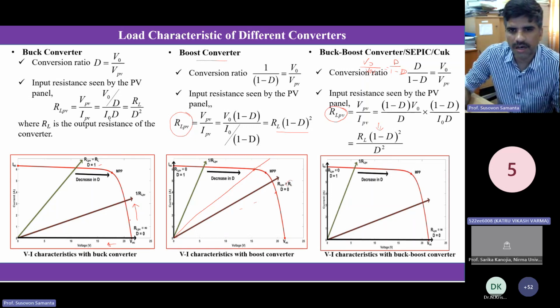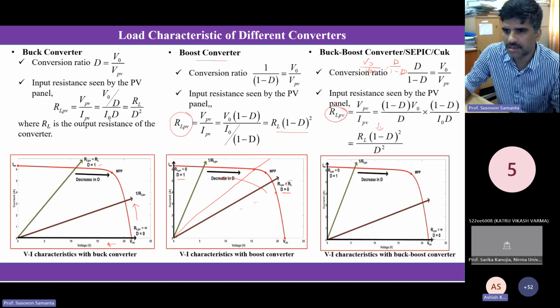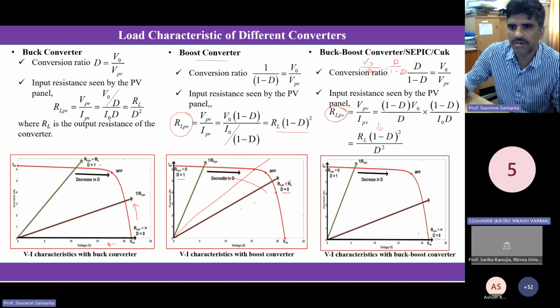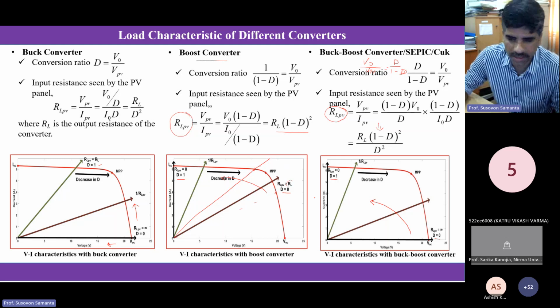Now see the boost converter. This is your D equal to 0. This is your duty ratio equal to 1. So if I increase the duty ratio, your panel voltage is decreasing. Now see in this case, this is D equal to 0. This is D equal to 1. Again, if I increase the duty ratio, your panel voltage is decreasing.